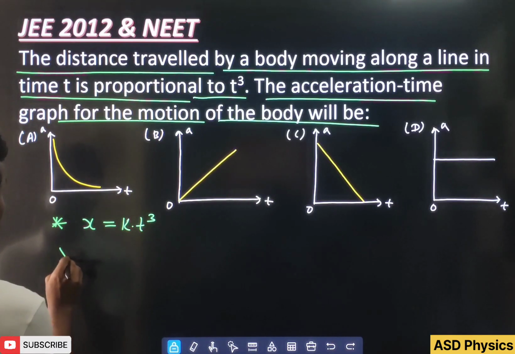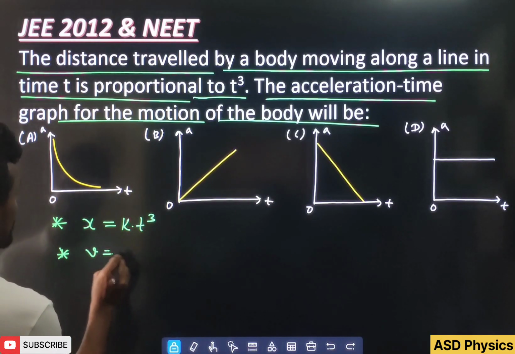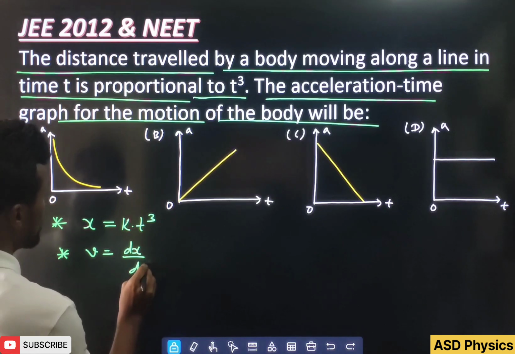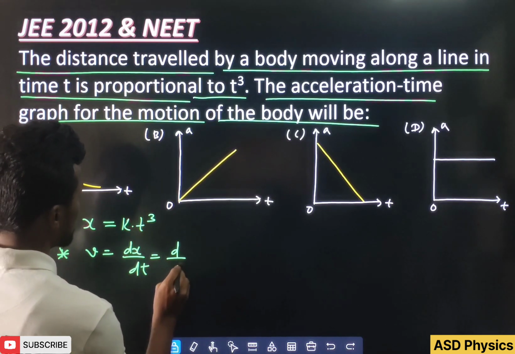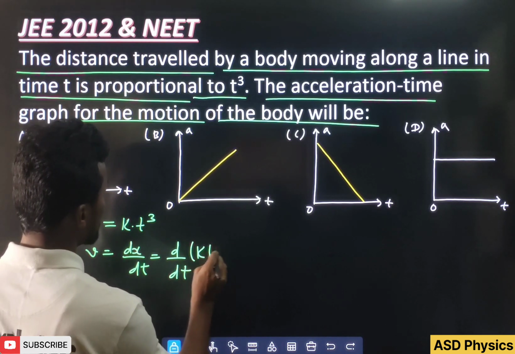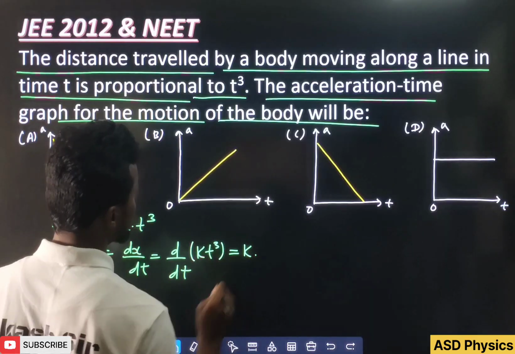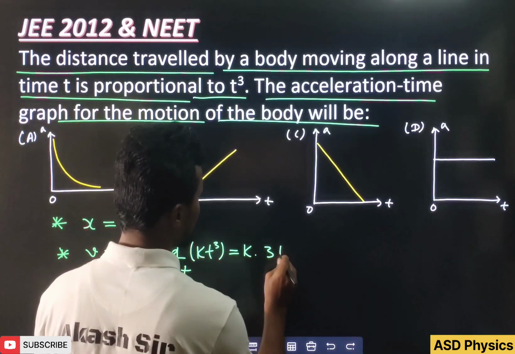Now we need the acceleration time graph. First, velocity means dx by dt. So d by dt of k t cube. k is constant, and differentiation of t cube is 3t square.